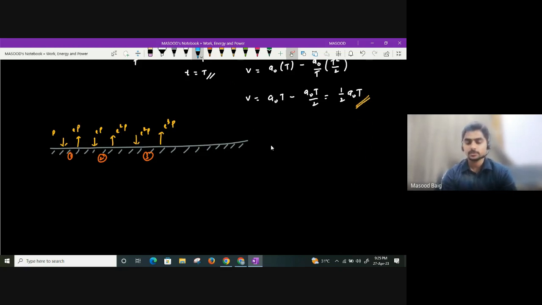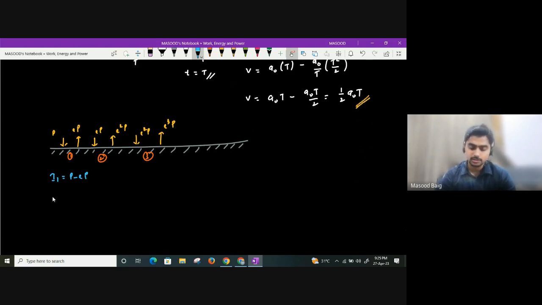Impulse is nothing but change in momentum, right? So in the first case, what is the impulse imparted by the floor? It is EP minus P, yes or no? Or I can write this as the impulse imparted by the floor on the ball. So the impulse imparted by the ball on the floor can be P minus EP, yes or no?